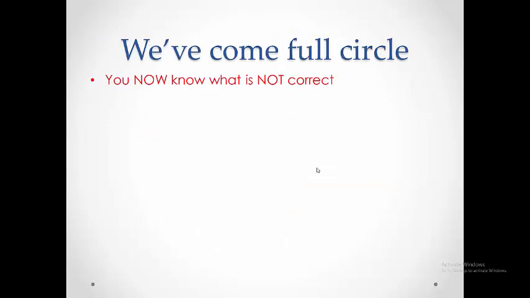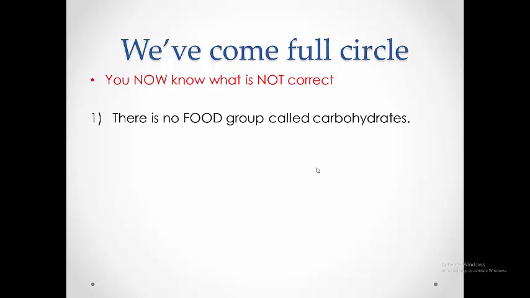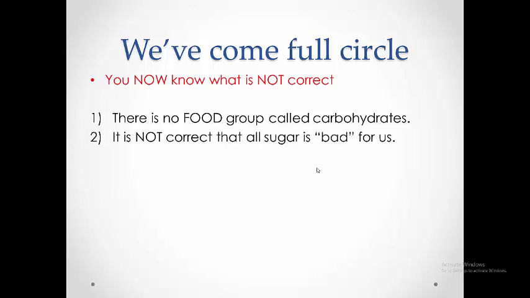If you listen to the entirety of the first and the second portion thus far, then now you have a greater appreciation and you know what is not correct. You know there is no food group called carbohydrates, that carbohydrate is the name of a macronutrient contained within foods, and all foods except meat and eggs contain carbohydrate.